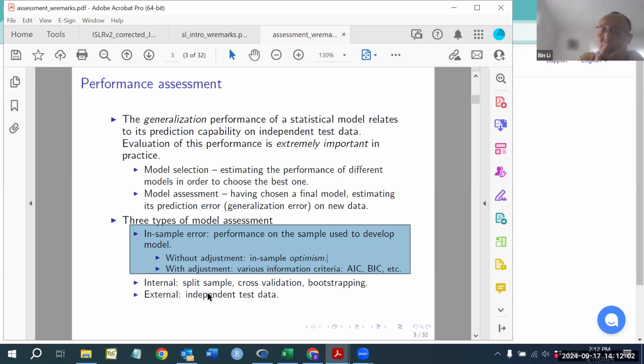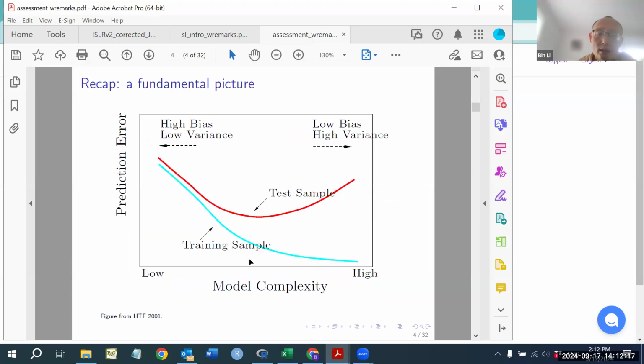So that's why we cannot say which one is better. We have to decide the most appropriate one for a particular case. So that's the fundamental picture.